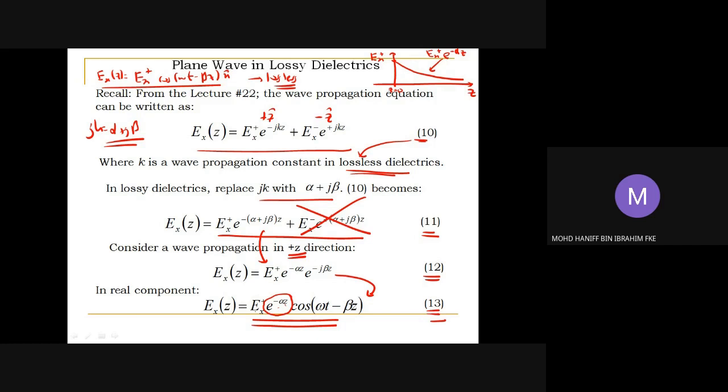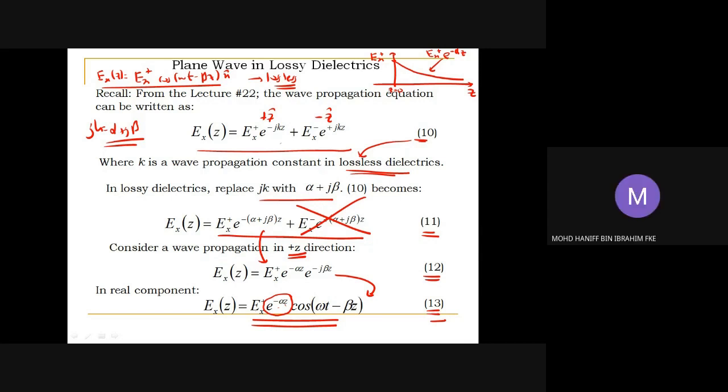Okay, hopefully you can identify the difference between the wave propagating in a lossless medium and in a lossy dielectric. Doctor, why do we not consider the negative exponential part? Why don't we consider the negative one?